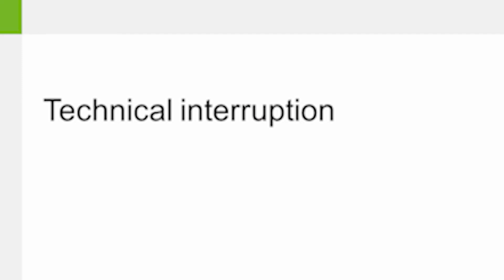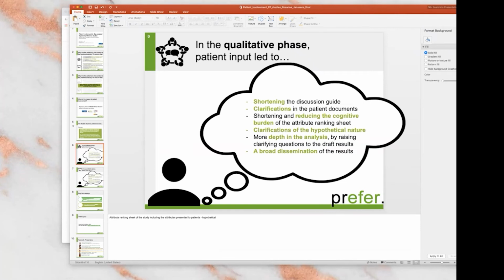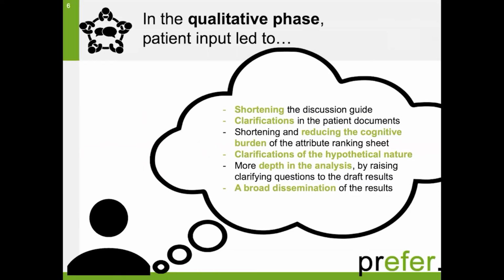So I will resume where I left off and make it very quick so as not to go over the time. I can summarize both the qualitative and the quantitative phase, where patient input was really crucial to point towards how we could reduce the length of both the qualitative phase and the survey phase, so that we needed to shorten the discussion guide and the survey, reducing the number of questions.